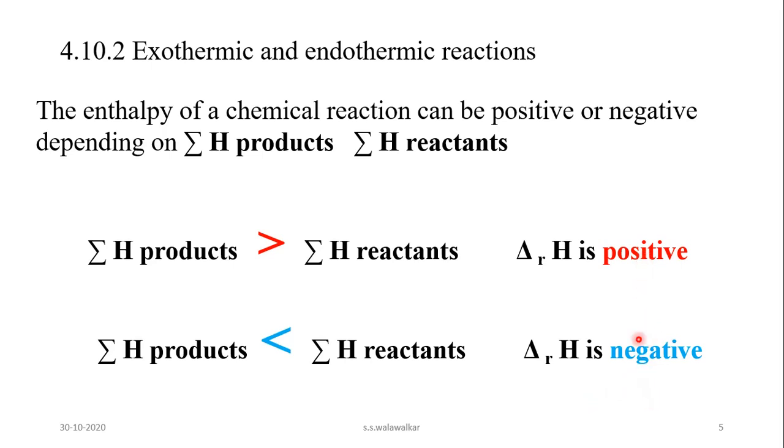Remember both these points, these are most important. So if total enthalpy of products is more than total enthalpy of reactants, delta H is positive, and if total enthalpy of products is less than total enthalpy of reactants, then enthalpy of reaction is negative.